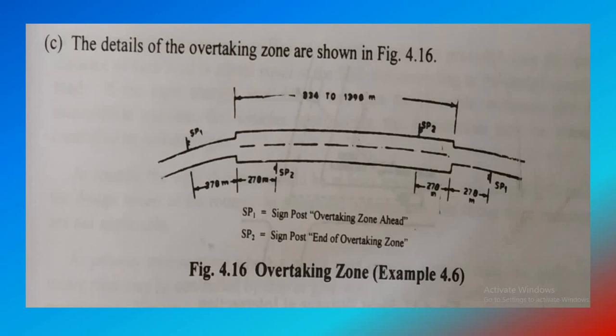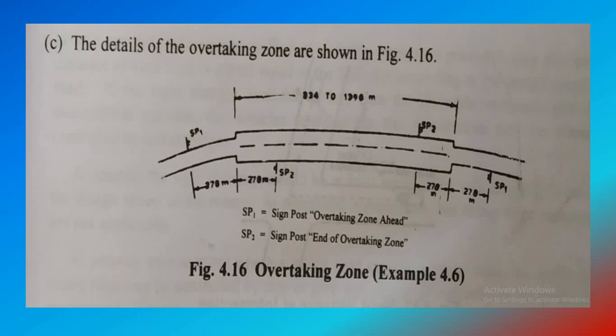Where S1 is there, obviously opposite is S2. So S1 is the overtaking zone entry and S2 is the overtaking zone exit. So entry and exit we can say.